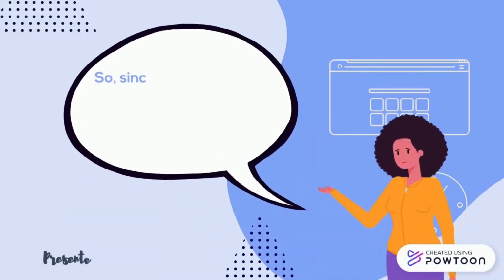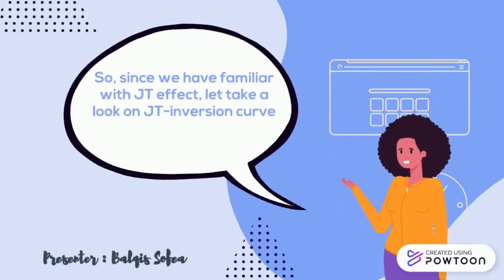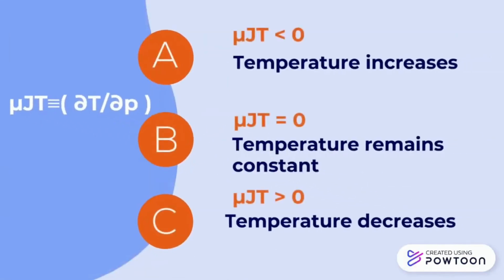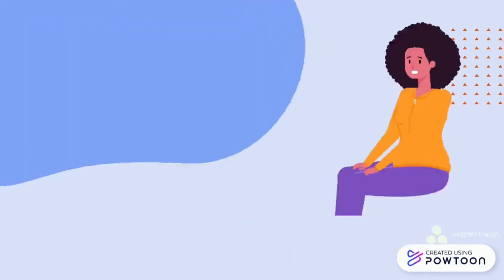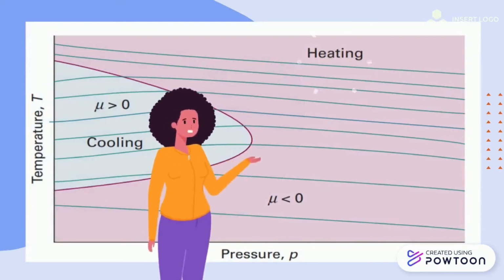Since we are familiar with the JT effect, let's now take a look at the JT inversion curve for a better understanding. These are the conditions of JT coefficients that correlate with temperature. This is the JT isenthalpic curve. This blue region is the cooling region where the gas will be cooled. Meanwhile, this is the region of heating, where mu is less than 0.